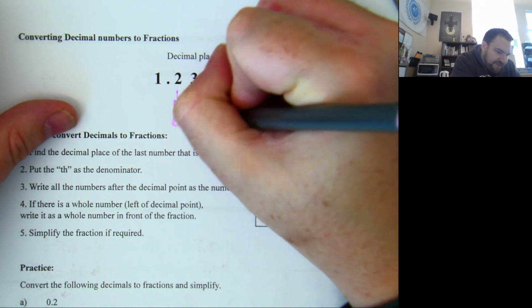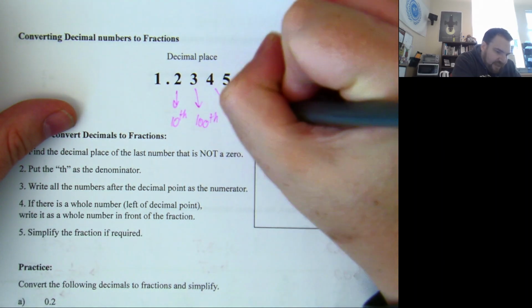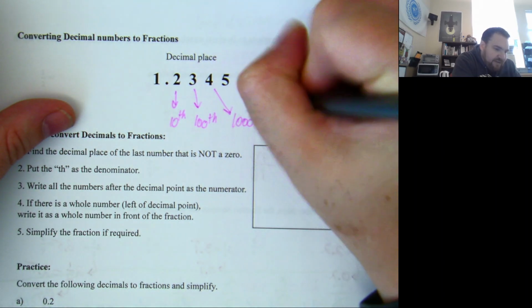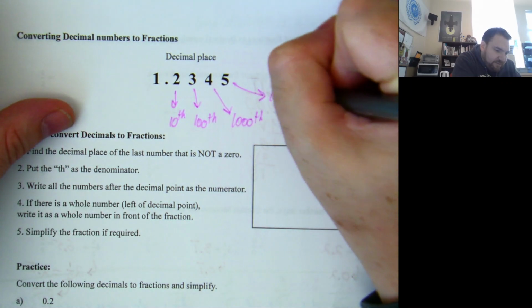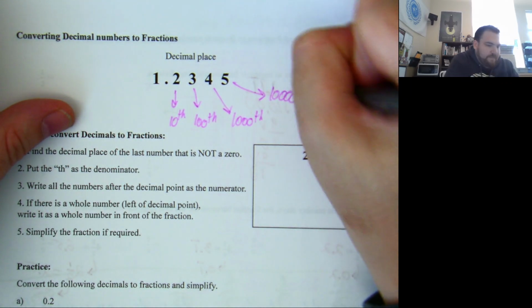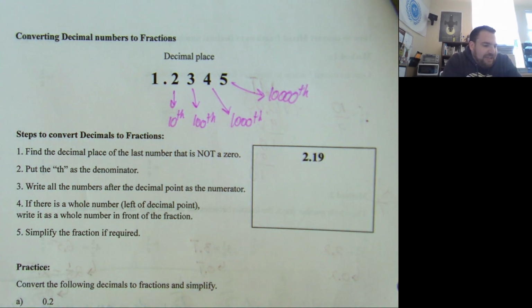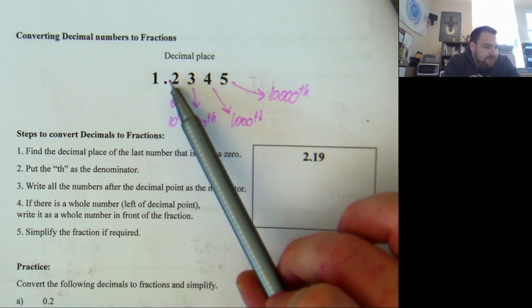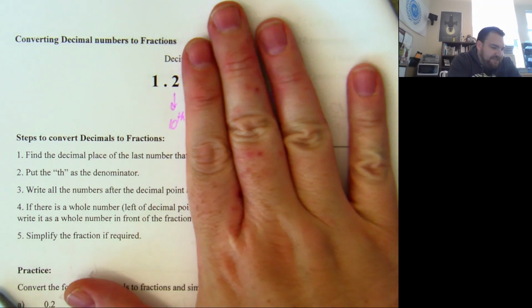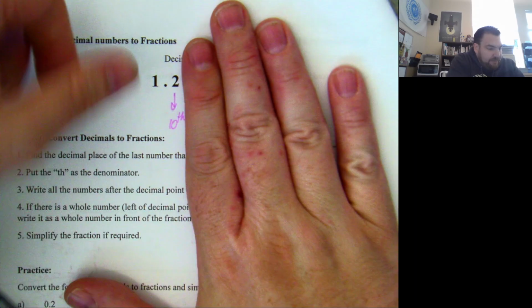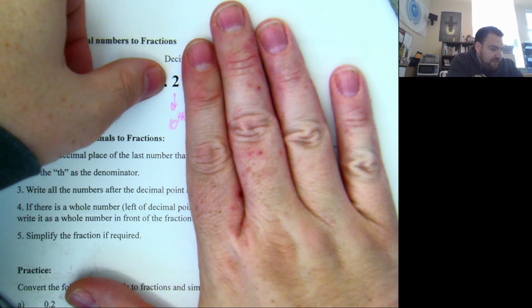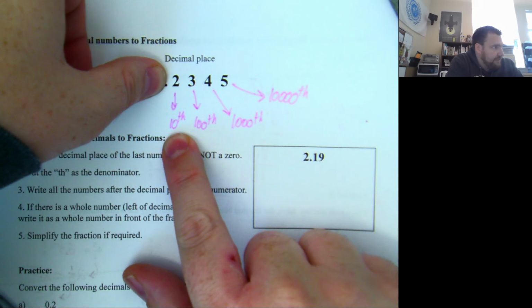These are hundredths. This is the thousandths. These are the 10,000ths. And so each one of these, if all I had was this, you could write it as that value over the place that it's in.